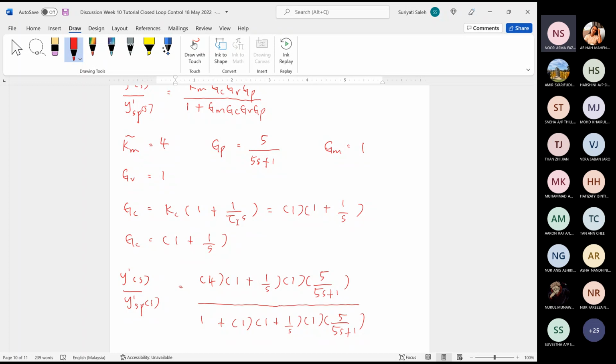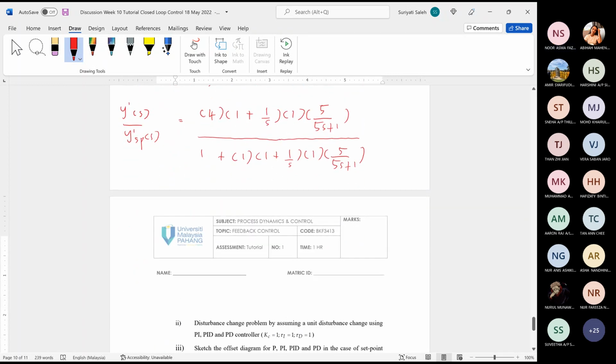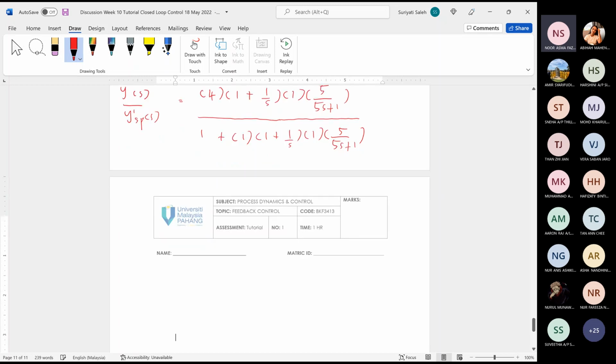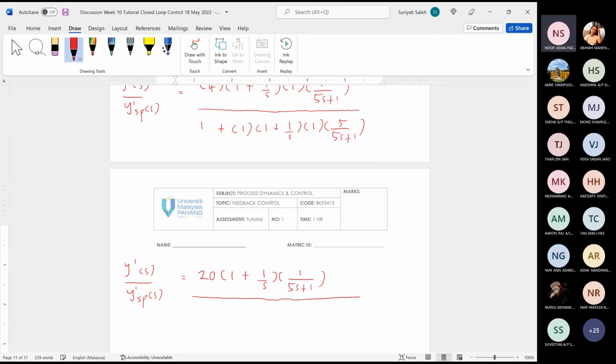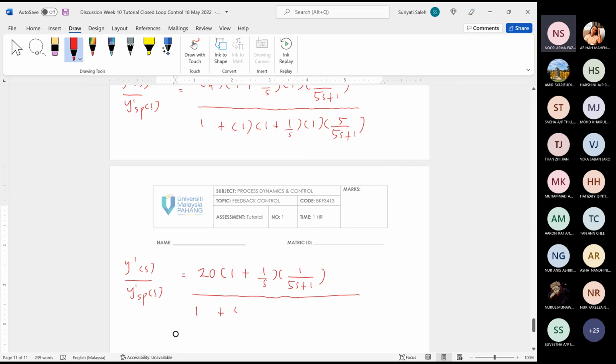The next step is just to expand the equation a little bit. So y prime S over y prime SP S equal to 4 multiplied by 5, you get 20, times 1 plus 1 over S, and then 1 over 5S plus 1, divided by 1 plus 5, 1 plus 1 over S, 1 over 5S plus 1.